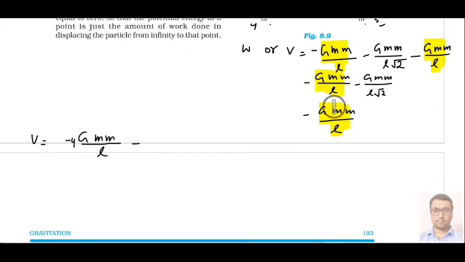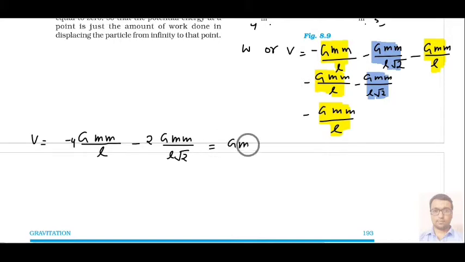Now you can observe that the term with L root 2 in the denominator is repeated 2 times. So we can write minus 2 times G m into m upon L root 2. This will be our answer for potential energy.